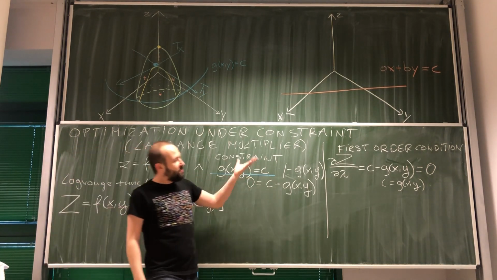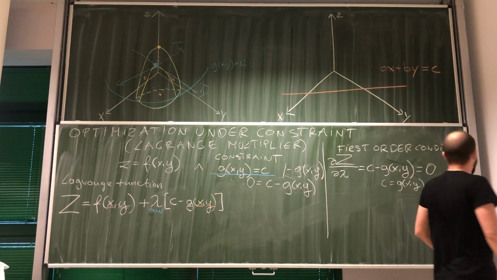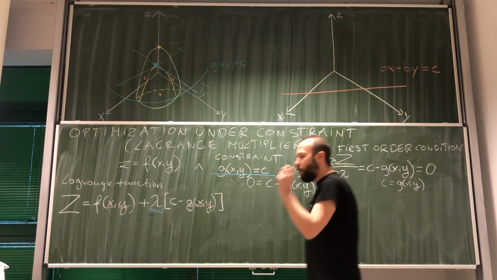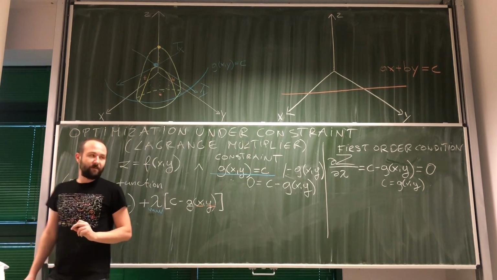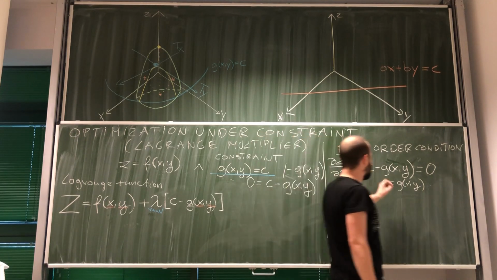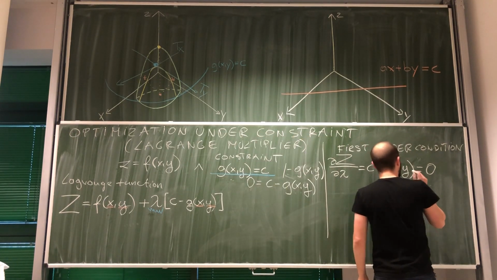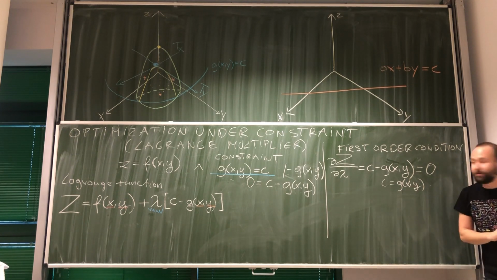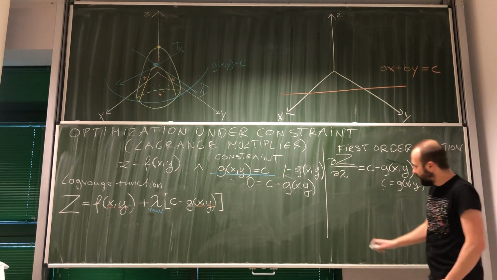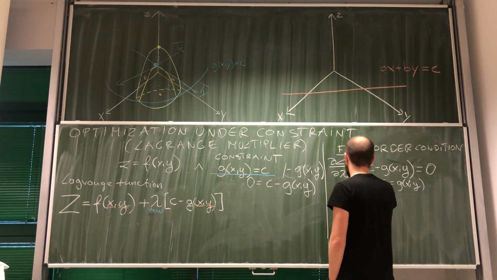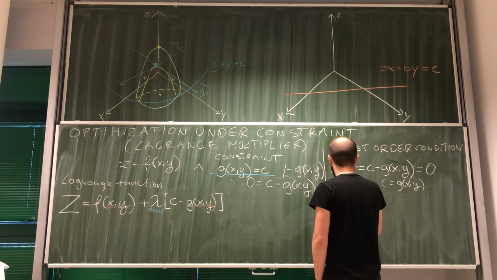So now the first derivative with respect to lambda is bringing us only one piece of information. And this piece of information is that all the combinations of x and y that we take into consideration through function g must be equal to c.